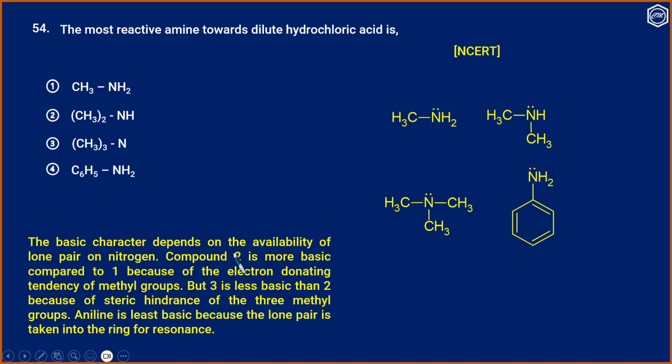The basic character depends on the availability of the lone pair on nitrogen. Compound 2 is more basic compared to 1 because of the electron donating tendency of the methyl group. Here there is only one methyl group. Here there are two methyl groups.